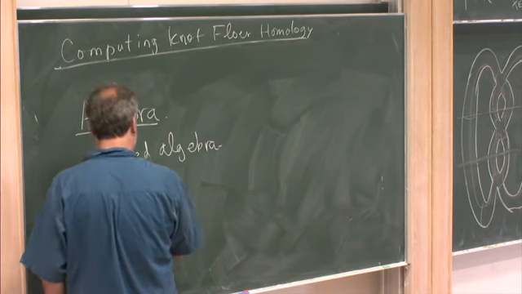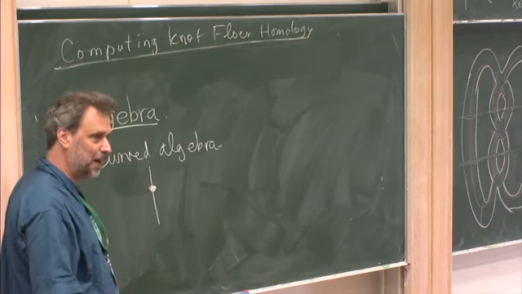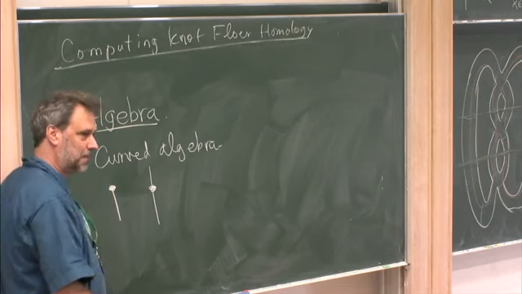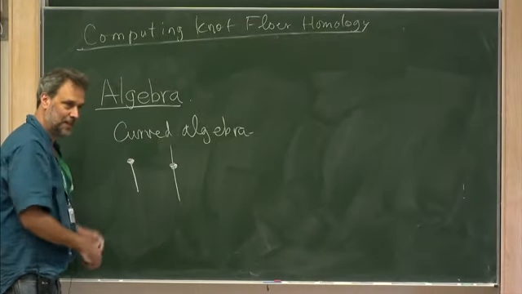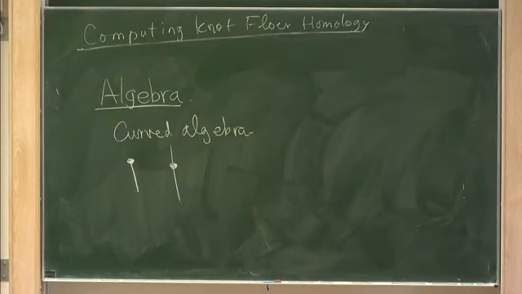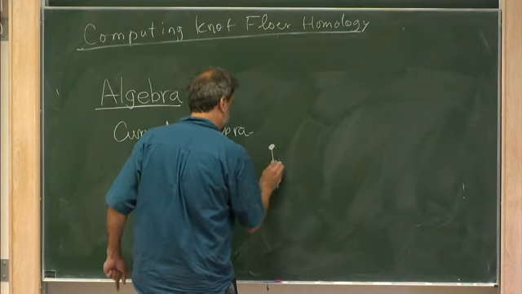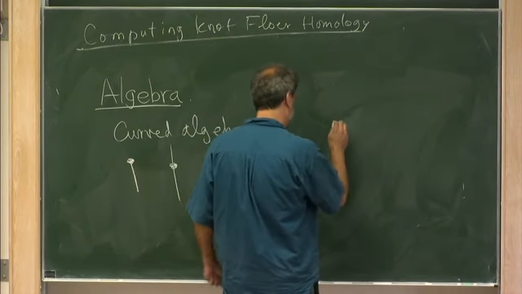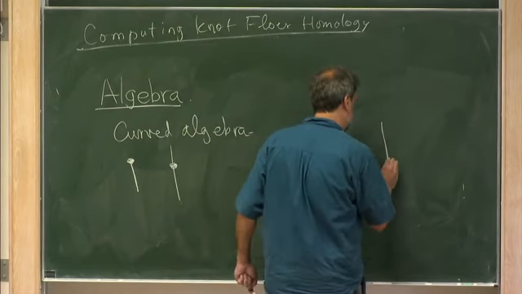A DG algebra is a vector space with an endomorphism that I'm going to denote by a dot, and a preferred element. So this is a bivalent vertex, and this is a univalent vertex. This is the curvature, and it's supposed to satisfy some structure relations. So the first structure relation is that the differential of the curvature is 0. And the second one is that if I try to square the differential, then I get the commutator.